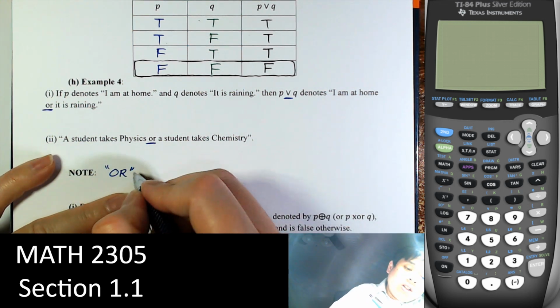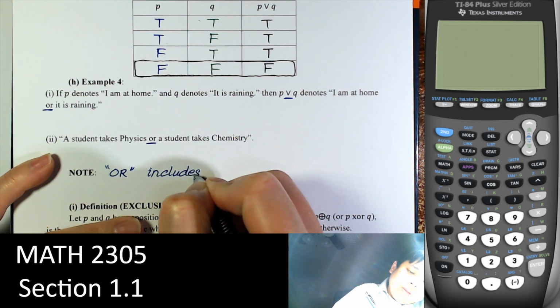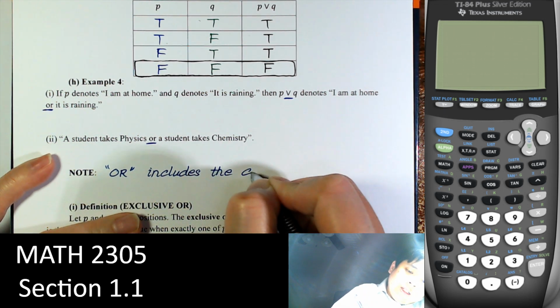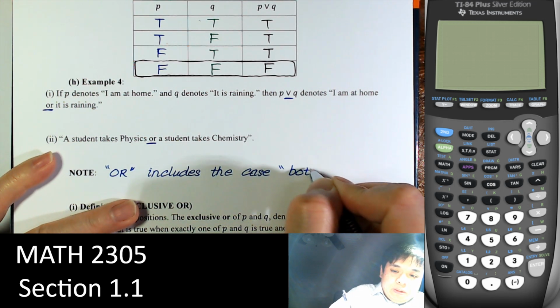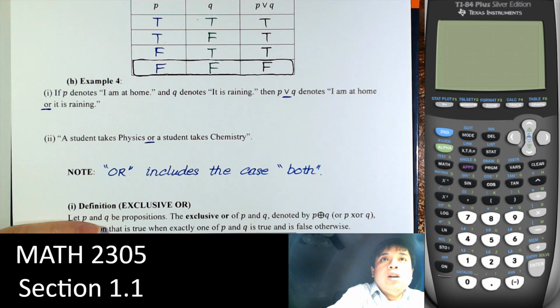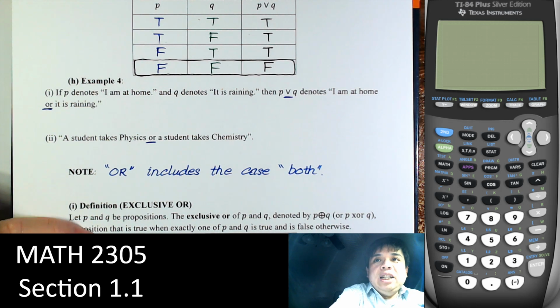the disjunction includes the case both. So or includes the case both, not just either or. It could be either or both.